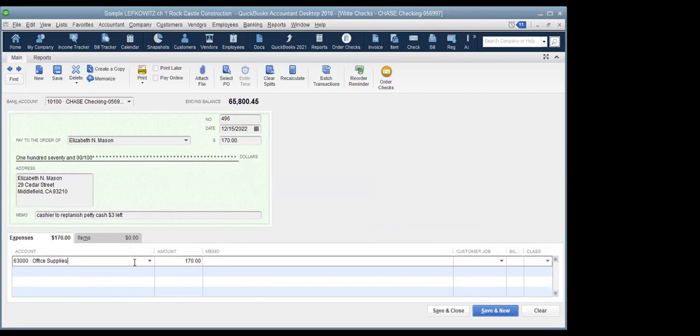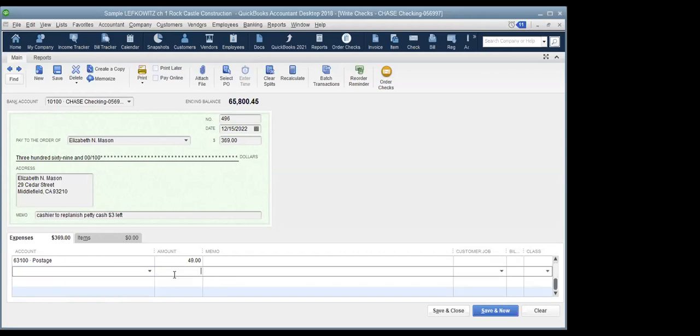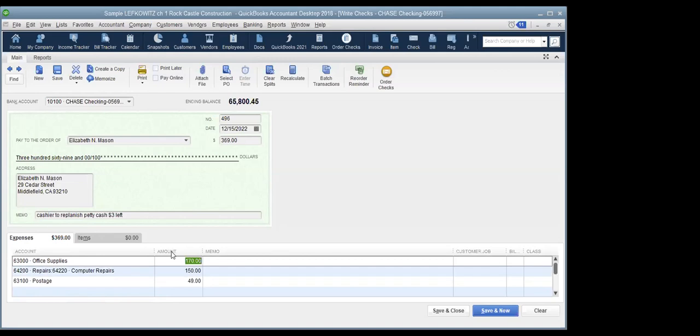And then they spend on computer repair, another $150. Then they spend on postage. Postage expense. Let's say they spend $49. And as I'm going on, you'll see that it's increasing the check amount right there.